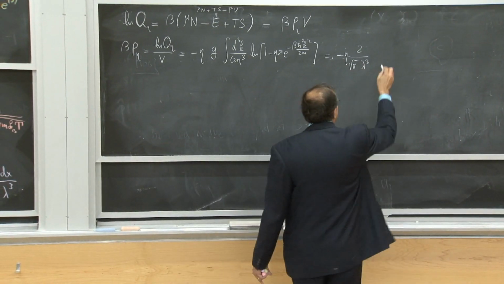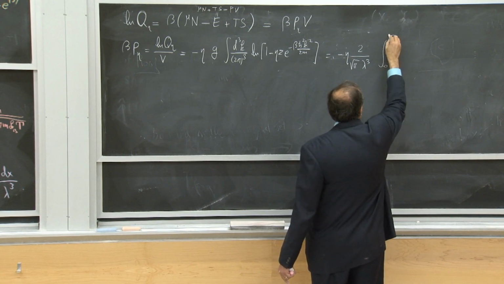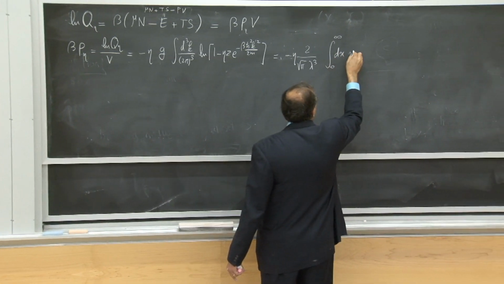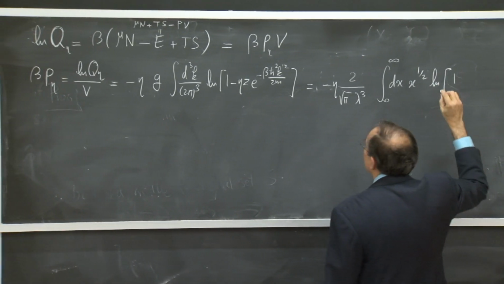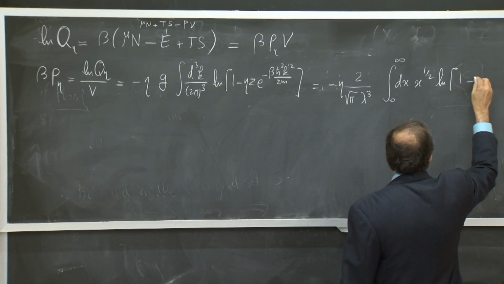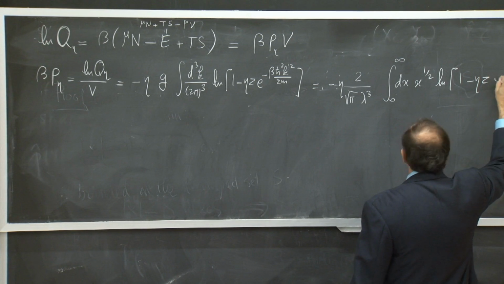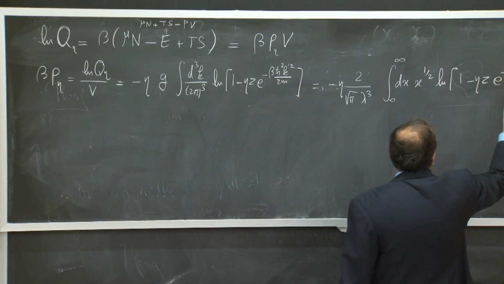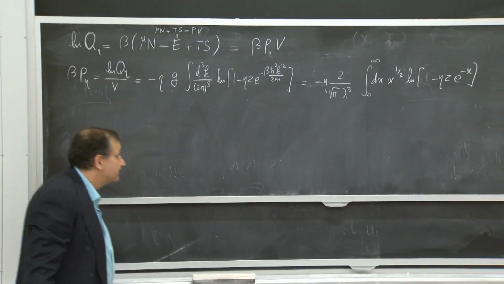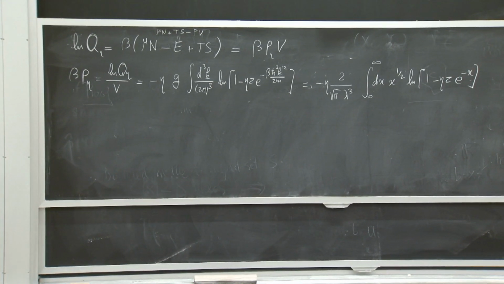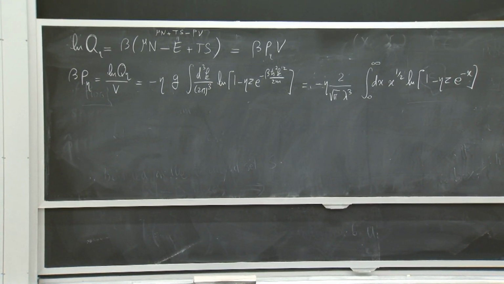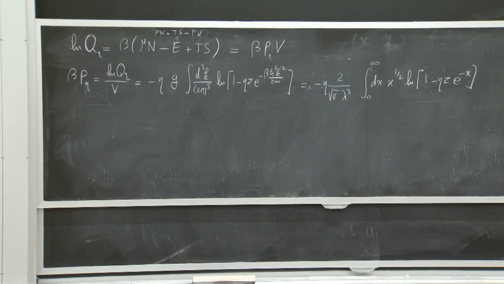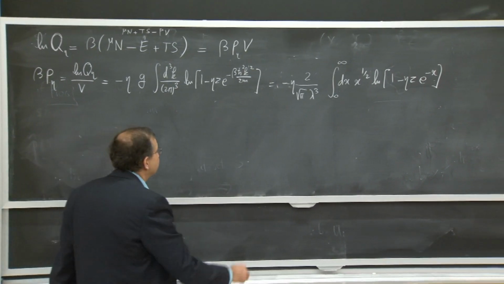And then I have the integral 0 to infinity dx, x to the 1/2 log of 1 minus eta z e to the minus x. Huh. It seems like yes. What happens to your factor, g? G, good question.